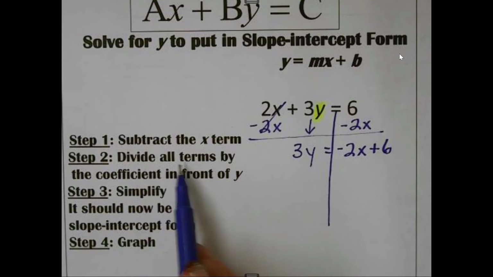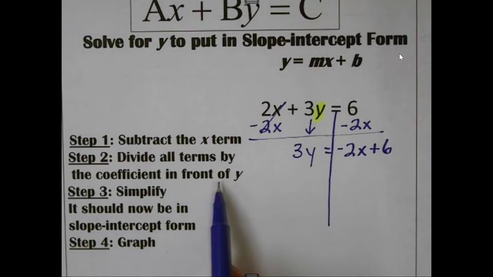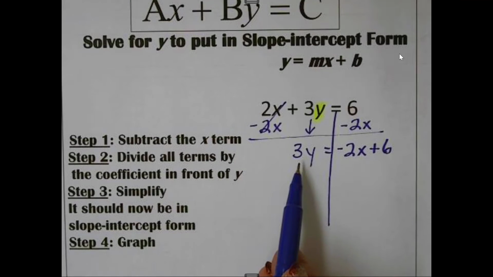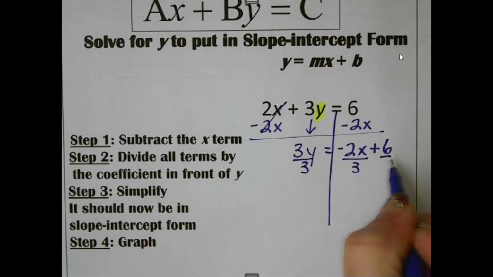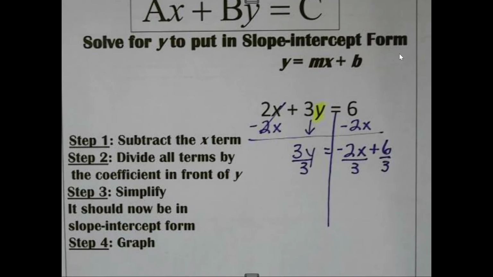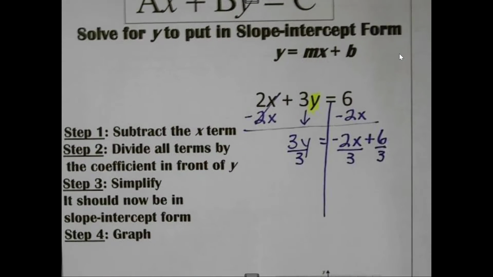Step 2, divide all terms by the coefficient in front of the y. Now, if y was just by itself, we would be done, but we do have a coefficient other than 1, and it is 3. So I'm going to divide everything by 3, each and every term, and then simplify.